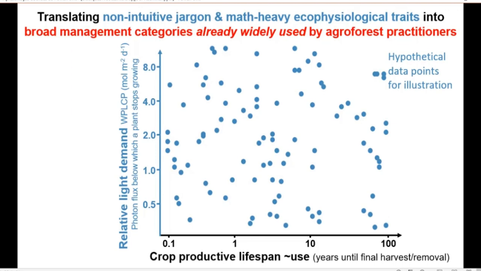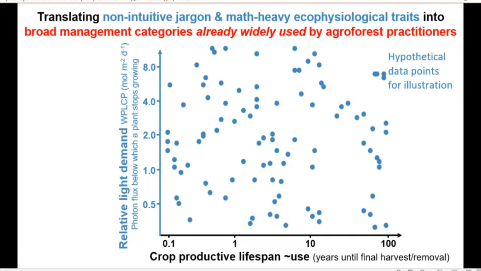So we can, first of all, define the relative light demand from an ecophysiological perspective as the whole plant light compensation point, a plant trait that's been relatively recently defined and is not that widely known, but it's basically the photon flux that reaches a plant below which the plant stops growing.